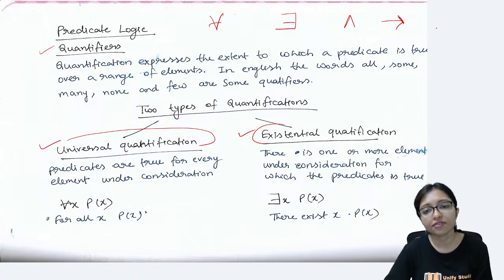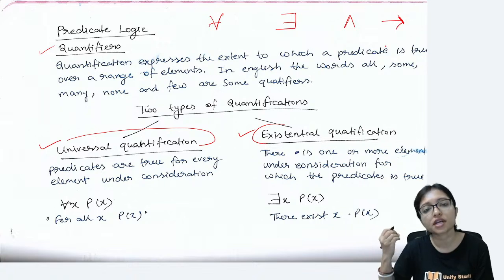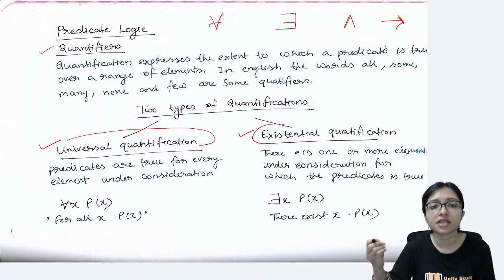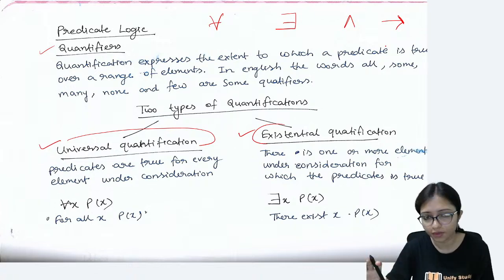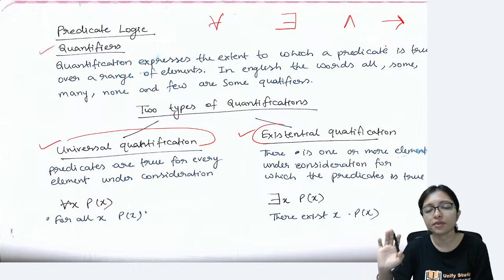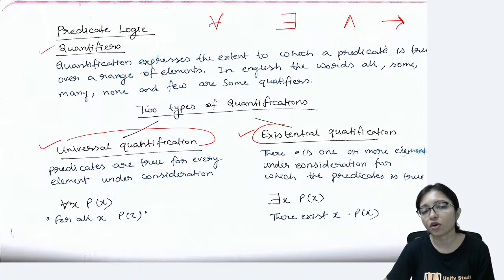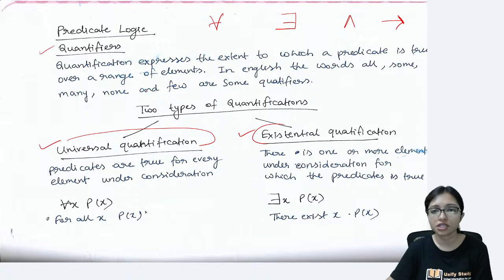When to use if-then and when to use and, that is confusing, and here only students make mistakes. Whenever questions come you make mistakes here, so very carefully listen to me first. After that I will do the question, but if you are able to remember the trick, then you will never forget. Then there will be no problem solving these questions. Otherwise 100% confirm you will have a problem solving predicate logic questions.